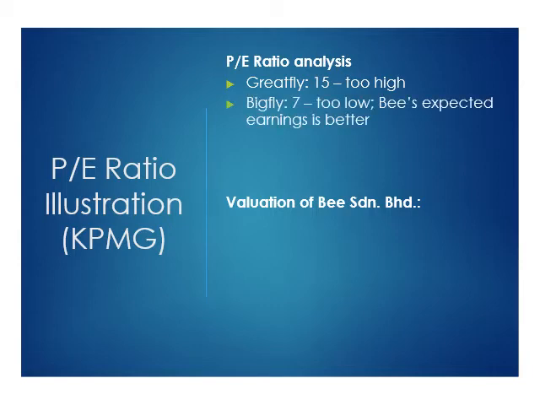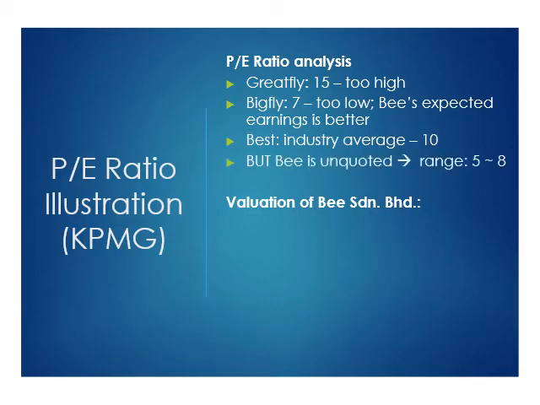Big Fly, on the other hand, has a poor performance, which is not like B Sdn Berhad, and it has a lower PE ratio of 7, much lower than the industry average. So we can say that the best benchmark would be the industry average of 10. And since B is unquoted, it should be lower, thus perhaps, if you want to talk range, it could be between 5 to 8.